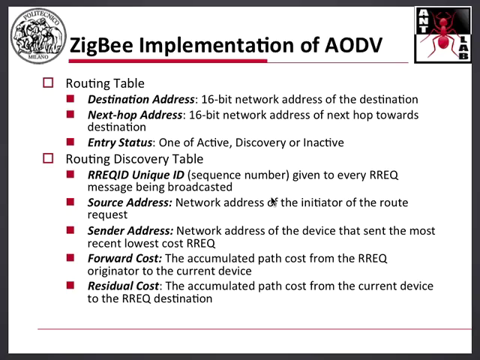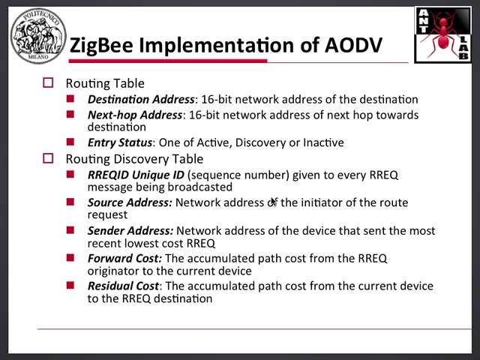And then you have two parameters which refer to the cost, the quality of the path forward and backward, which each node uses to decide whether a route request or a route reply message has to be forwarded or dropped. These two parameters are used to decide which is the best path forward and backward, depending on the specific context of the node. The forward cost is the accumulated path cost from the route request originator up to the node we are in.